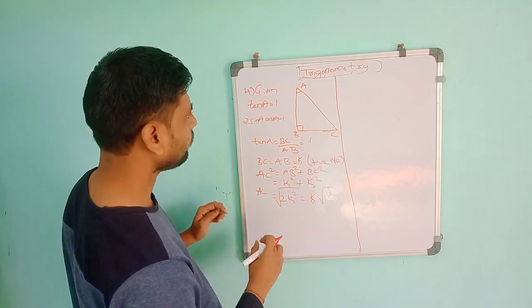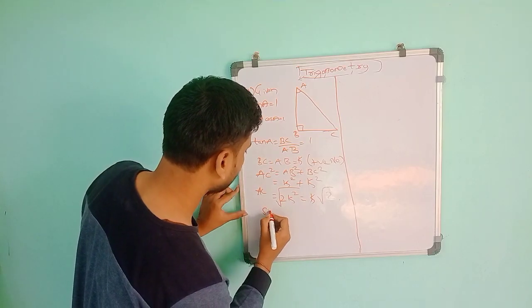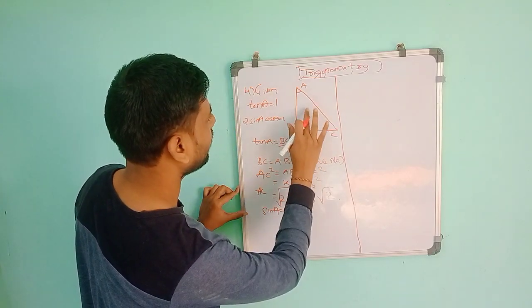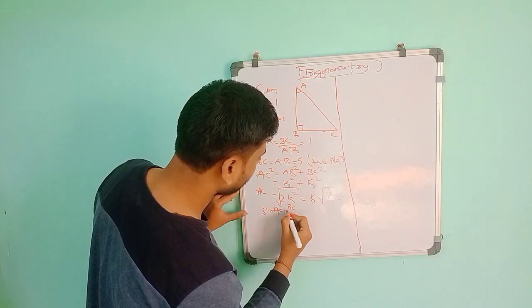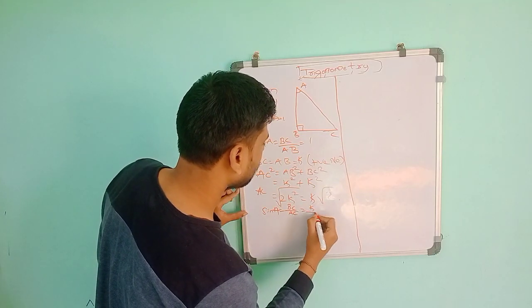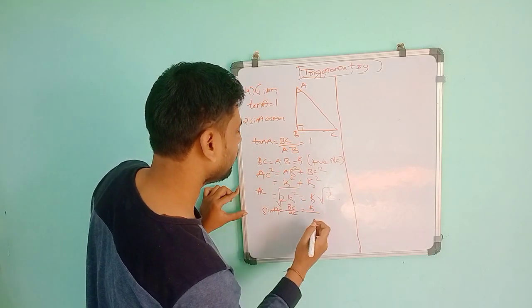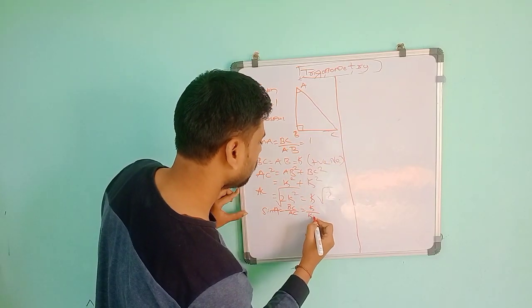Then they told us 2 sin A cos A. Sin A is opposite by hypotenuse, so BC by AC. BC is K, divided by AC, which we found is K root 2.